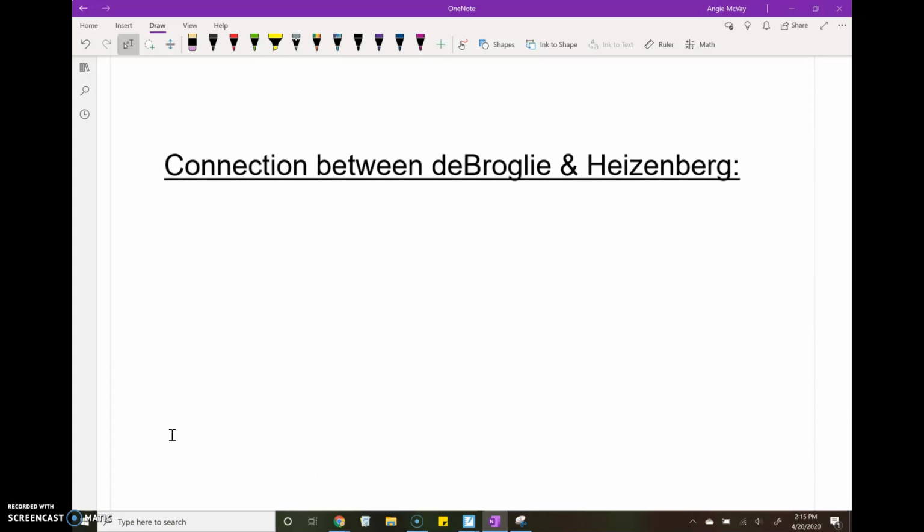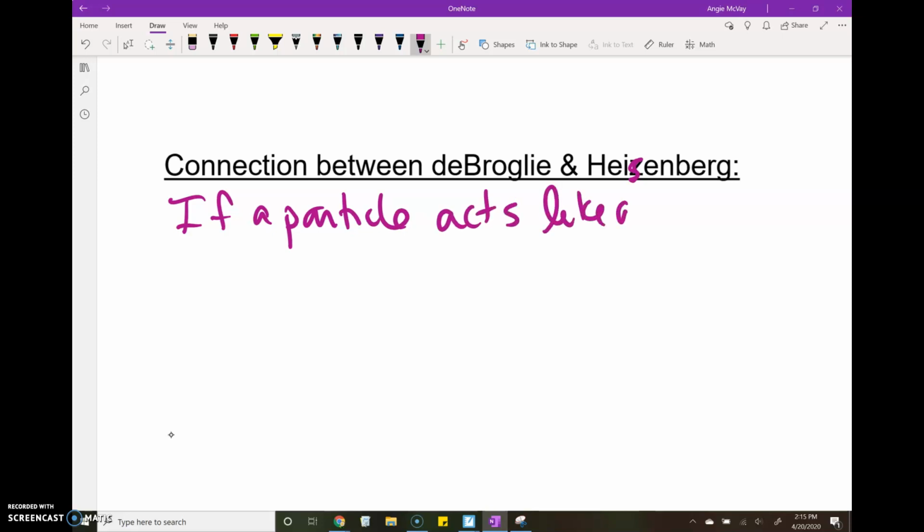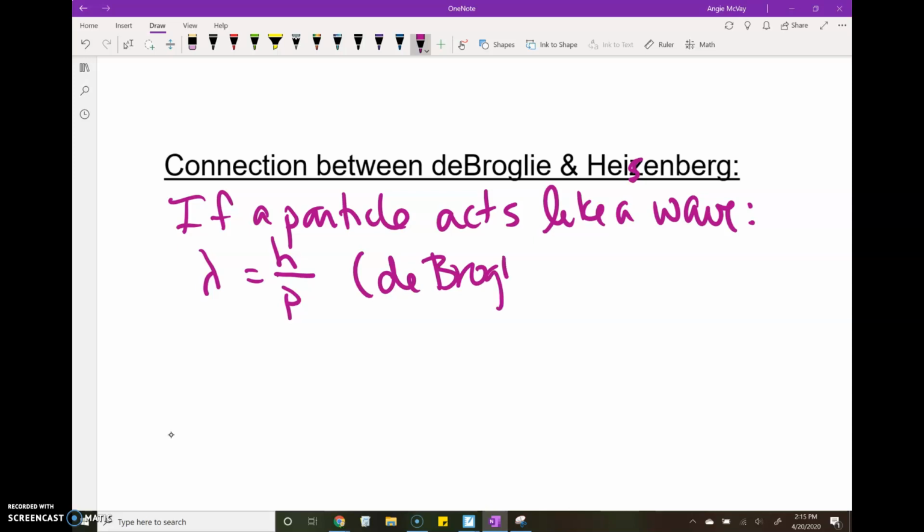All right, so let's take a look at the connection between de Broglie and Heisenberg. I think this is supposed to be an S. Whoopsies. All right, so if a particle acts like a wave, then it has a wavelength that's equal to Planck's constant over its momentum, right? De Broglie said that. Okay.